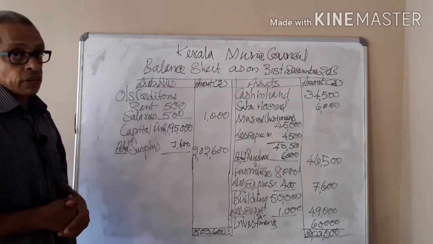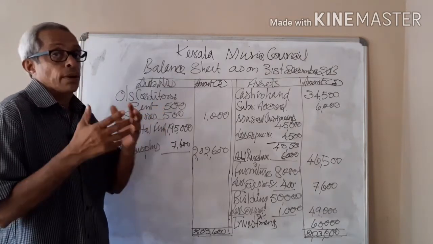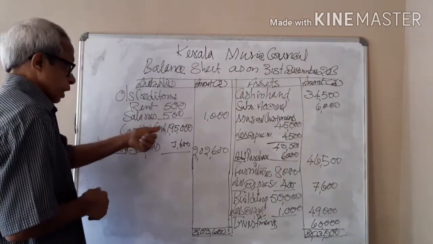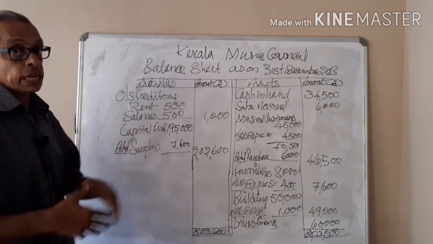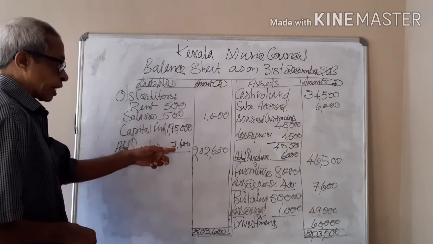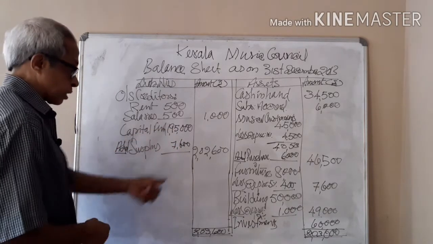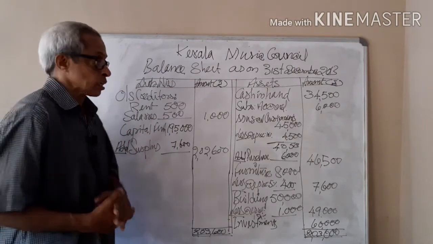Then the capital fund is taken from the opening balance sheet, that is 1,95,000. Then we add the surplus, that is the balancing figure of the income and expenditure account. That figure, 7,600, has been added, and the total being 2,02,600.